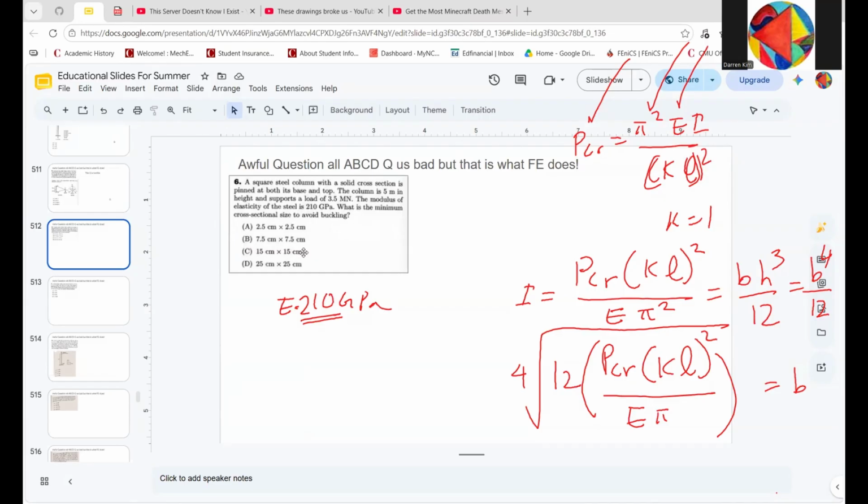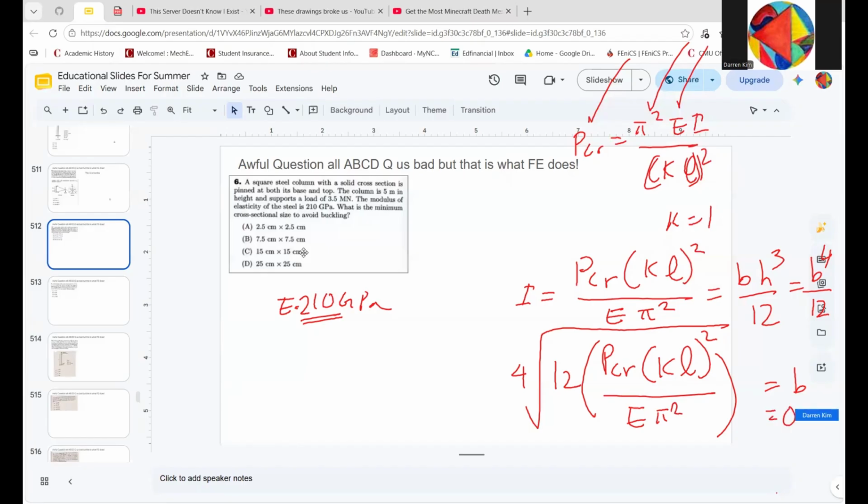So 5 squared divided by E, which is 210 multiplied by 10 to the power of 9. And then I forgot the pi squared. Don't forget about the pi squared. It's the one part that is so easy to mistake because you don't usually use that.